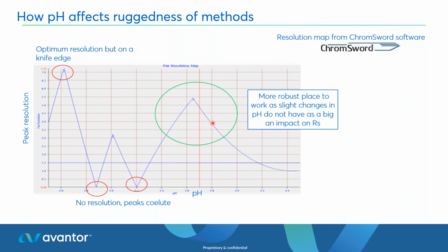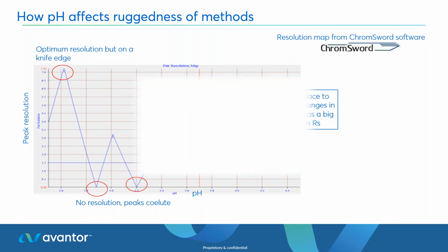So maybe it's better to work around this area where you've got a bit more leeway if there is an error in the pH. It would be nice if it was a proper plateau, but these things tend to be not quite as nice in real life.